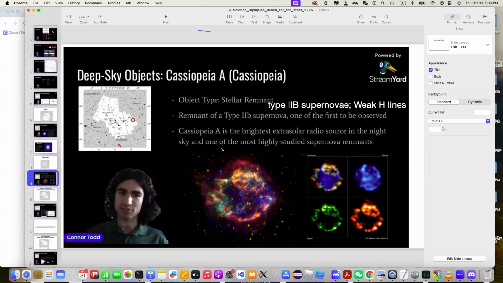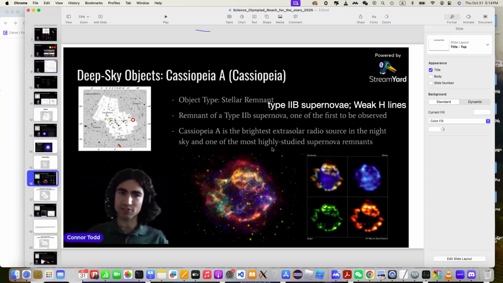The next object is Cassiopeia A. This image is quite prominent. You can see a lot of filaments here, right? This is a very typical signature of a supernova explosion.